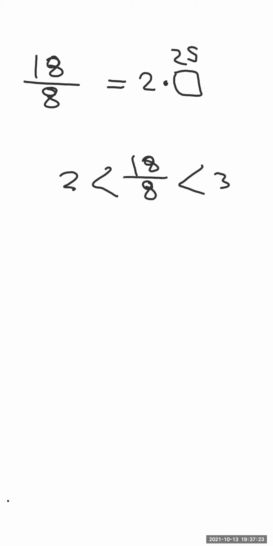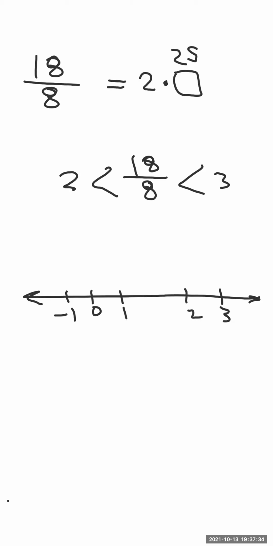Yes. Okay, so now the number line. This one, 0, -1, and then 1, and then 2, and then 3. Now convert the two numbers, 2 and 3, into fractions with this denominator, 8. So here it will be a number over 8, and this one also a number over 8.